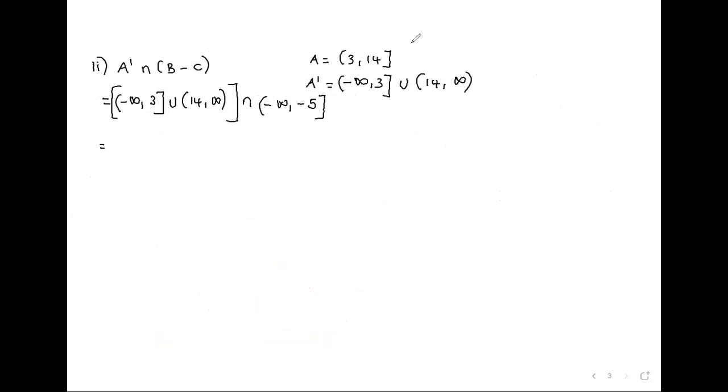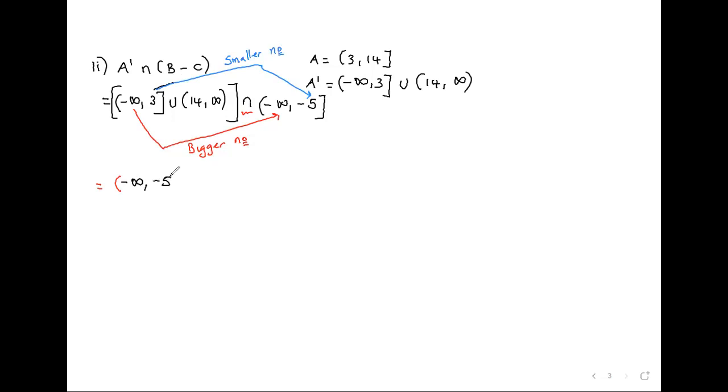So between negative infinity and negative infinity, on the left, because of this intersection, we get the bigger one, the bigger number, because we have the same, a negative infinity. And then between 3 and negative 5, we get the smaller one. Here we get the smaller number. So we'll have negative 5.